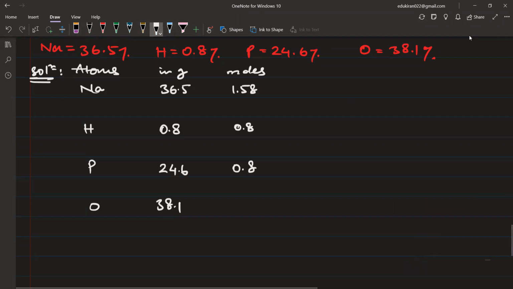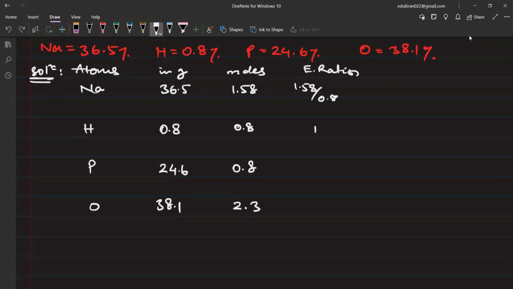Fine, 0.8, and oxygen is how much? Iram, how many moles for oxygen? 2.3. Okay, fine. And then we'll have the empirical ratio. So 1.58 divided by 0.8, this will be 1.